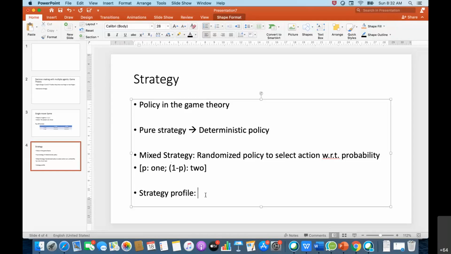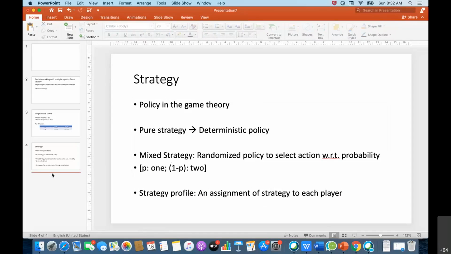So strategy profile means an assignment of strategy to each player. Okay, this is what the strategy profile means.